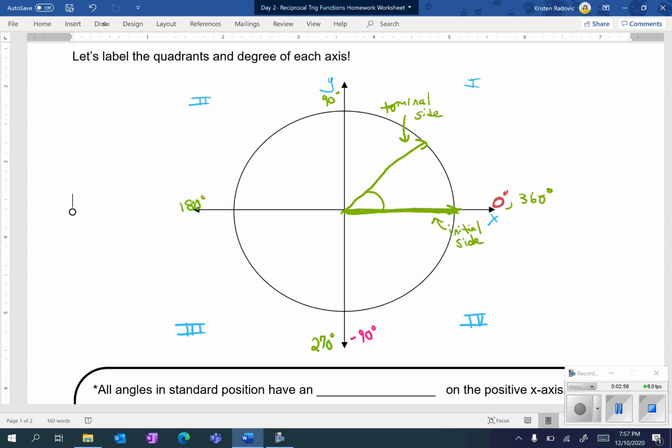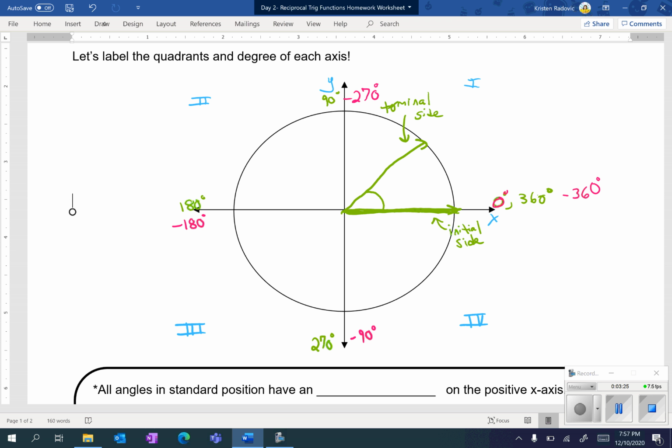Then another 90 degrees would be negative 180. Another 90 would be negative 270. And finally, negative 360 degrees for a full circle going down and around. So positive angles go counterclockwise. Negative angles go down and in the clockwise direction.